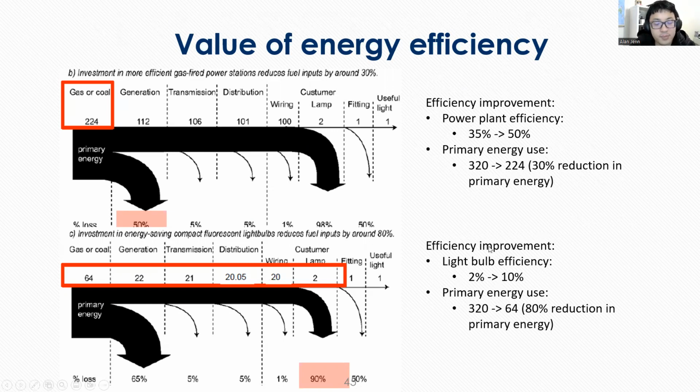However, let's say you did a slight improvement to your light bulb, going from a 2% efficiency light bulb to a 10% efficiency light bulb. So this is an 8% gain as opposed to a 15% gain up here. We can see what happens.